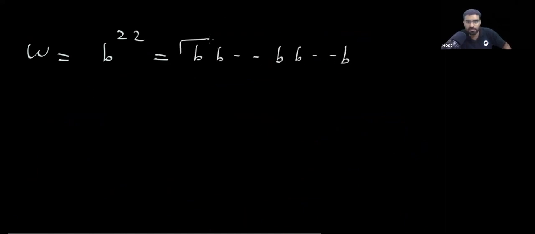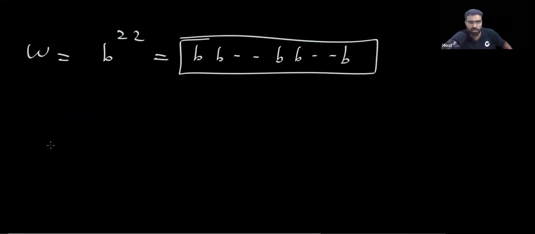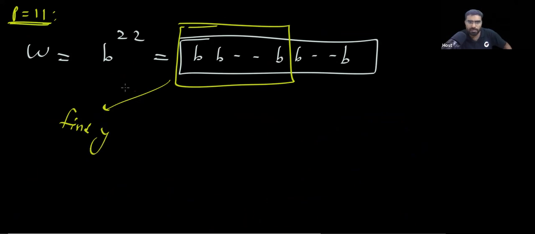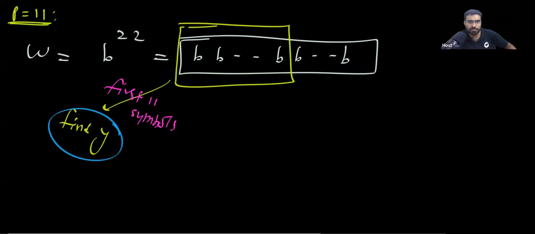So this is what I'm saying: for this string, this is your string B. In the first 11 symbols, because we are checking p equal to 11, whatever y you take, what will happen?